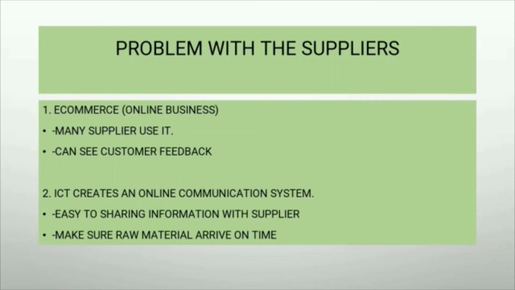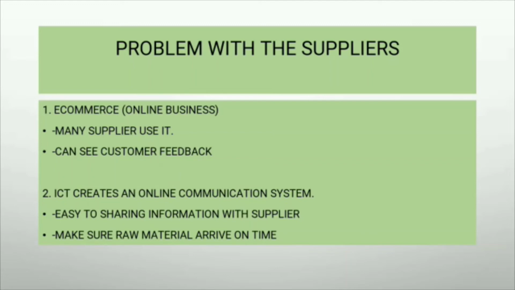Other than that, suppliers also use social media such as Facebook, Instagram, and many others as a medium to find potential buyers. This will help the SME entrepreneur to find more suppliers for the raw material they need.